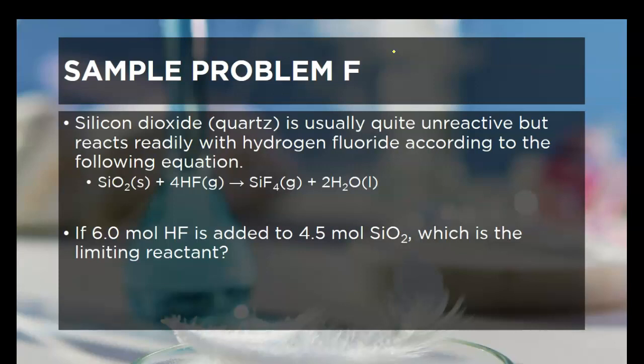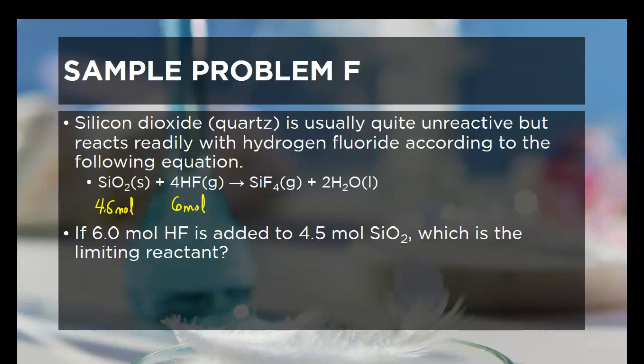According to this equation, if I add 6 moles of HF to 4.5 moles of SiO2, which one's the limiting reactant? So, in other words, I have 6 moles of this stuff and 4.5 moles of this stuff. Which one is going to prevent me from making more eventually?